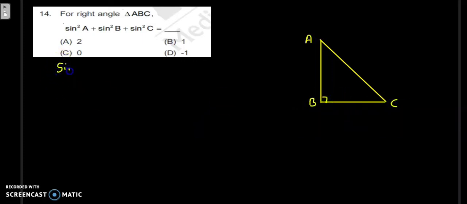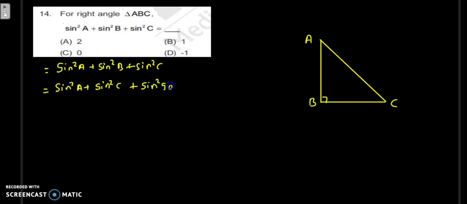You have to find sine square A plus sine square B plus sine square C. I am writing sine square 90. Sine 90 is 1. So sine square A plus sine square C plus 1.